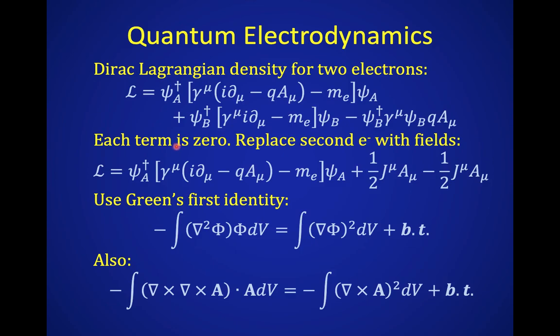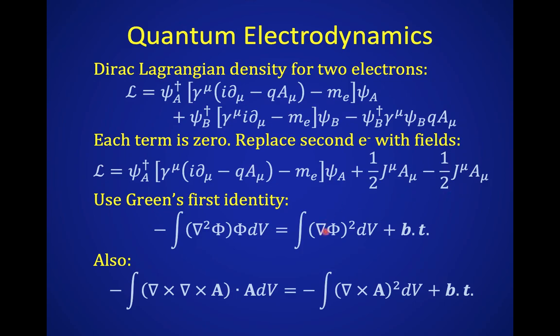So what I'm going to do is take the second electron, B, and replace it, instead of having the electron wave current here multiplied by the potentials, I'm just going to put the ordinary charged currents in here. So I'm replacing the electron with the electromagnetic fields. Okay, but they still just add up to 0.